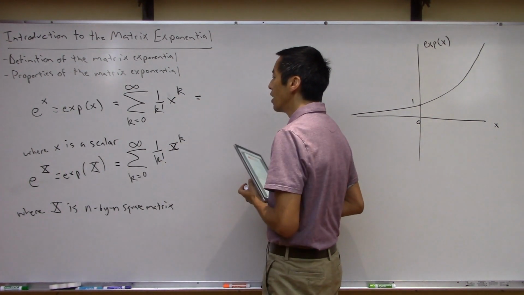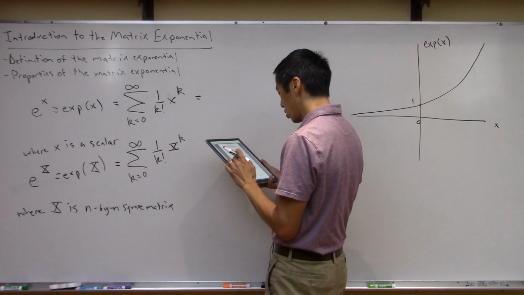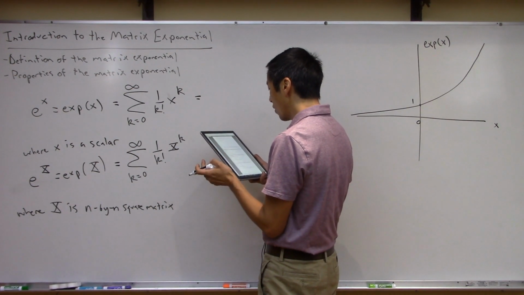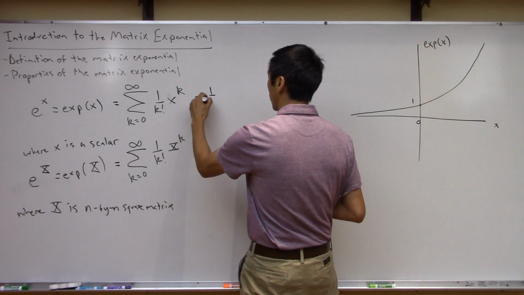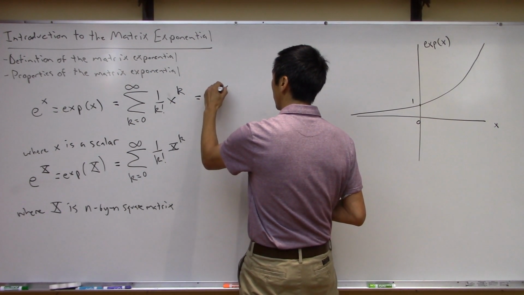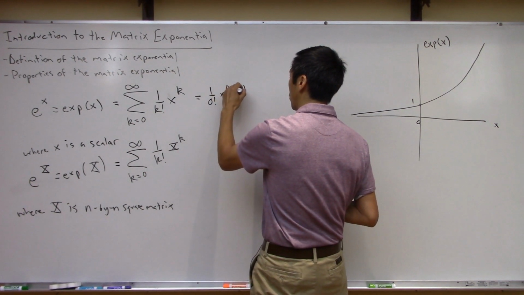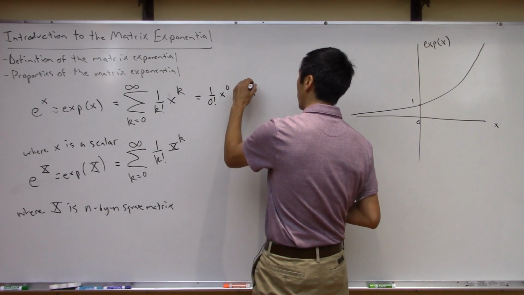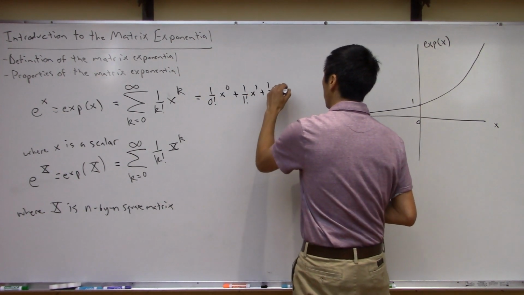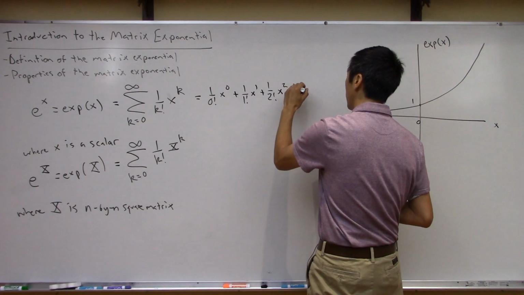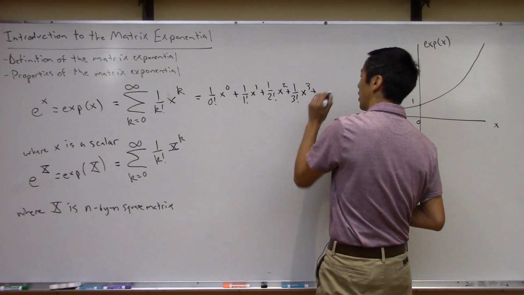If we write out a few of these terms, it's 1 over 0 factorial times x to the 0, that's the k equals 0 term, plus 1 over 1 factorial times x to the 1, plus 1 over 2 factorial times x squared, plus 1 over 3 factorial x cubed, plus and so on.